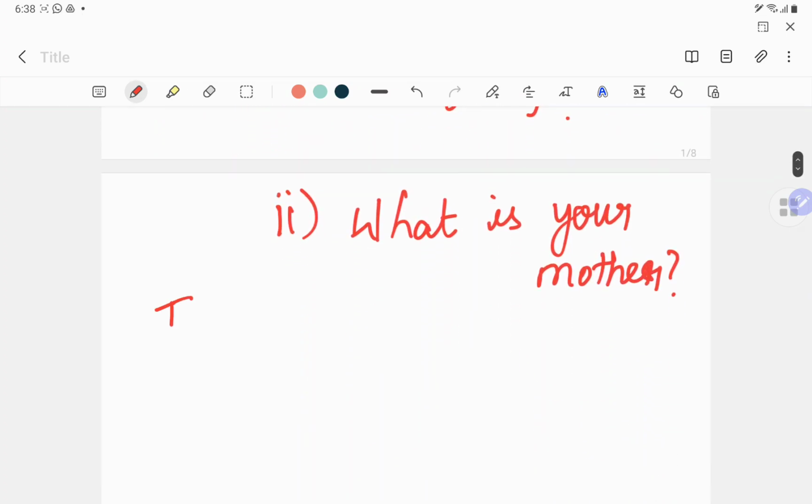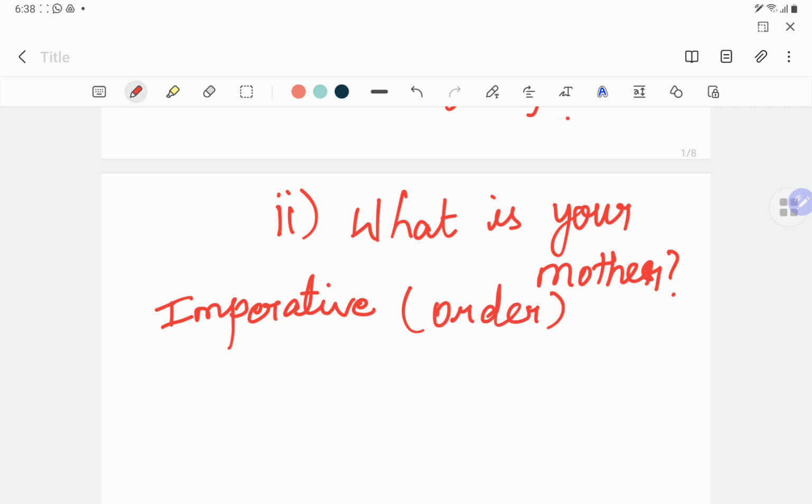And then imperative sentence. So what does imperative sentence mean? It means order. Order someone. It asks us to do something. What do we mean by it asks us to do something?